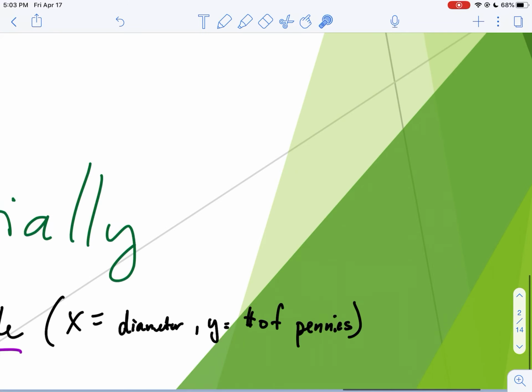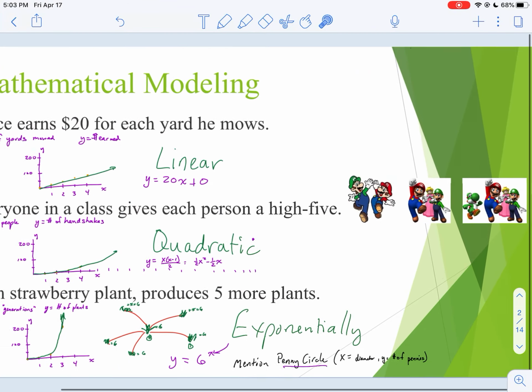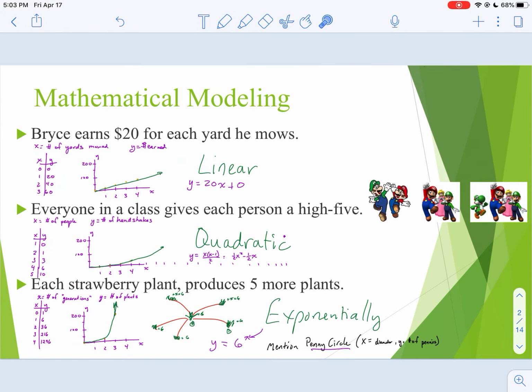Now, one thing, as you're going along, they're going to give you an equation, and you can see it in the graph, but I want to highlight that in that equation, x is the diameter of the circle, and y is the number of pennies. So take a look at that activity. I think you'll find it interesting. You can skip the question about would you rather have pennies or nickels if you would like.